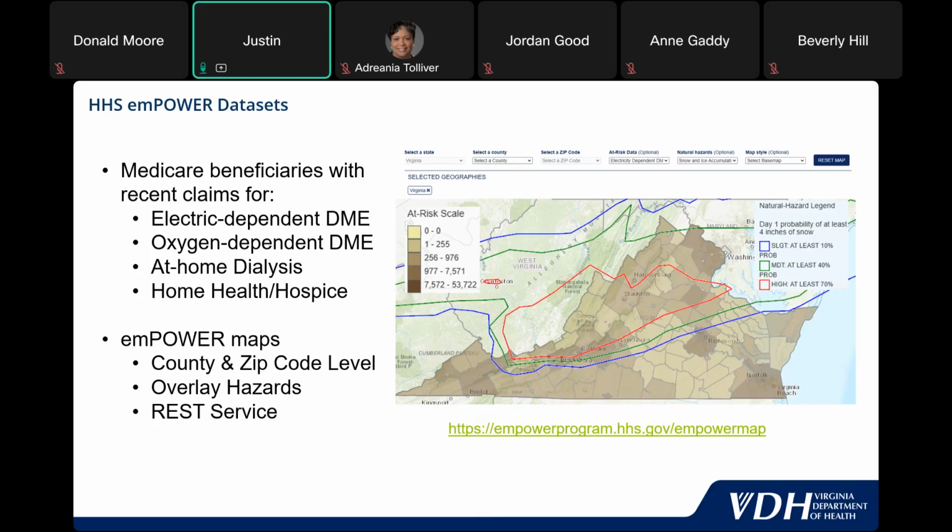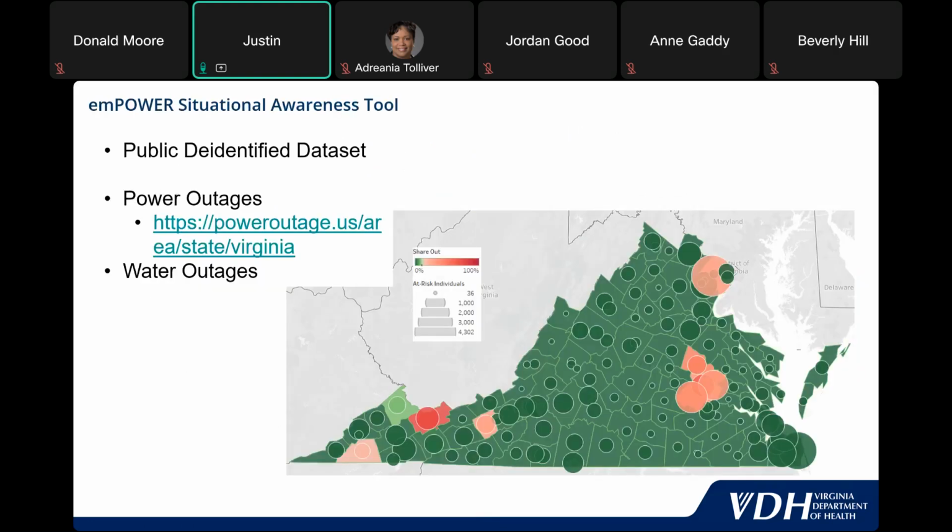So they have that service available for those public use maps. They also send us monthly a public de-identified data set, if you're interested in receiving that as well. It's still the data aggregated at the county and the zip code level, but they send us an Excel file with that data in it. So you can reach out to me if you're interested in that.